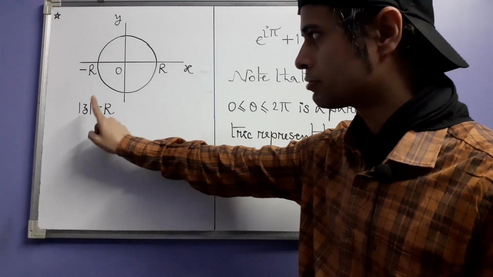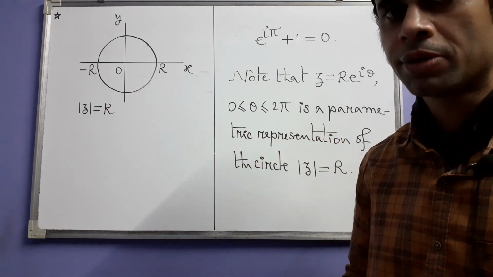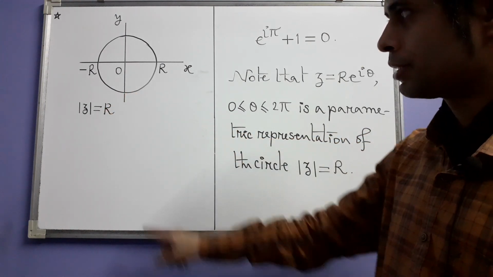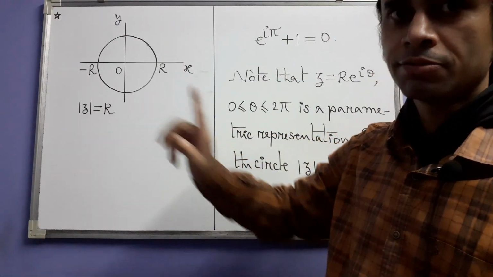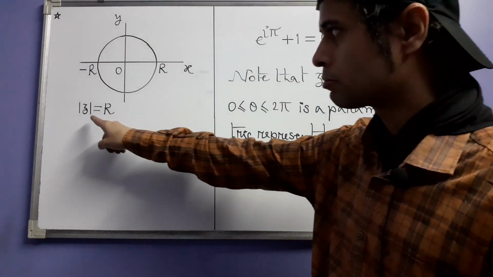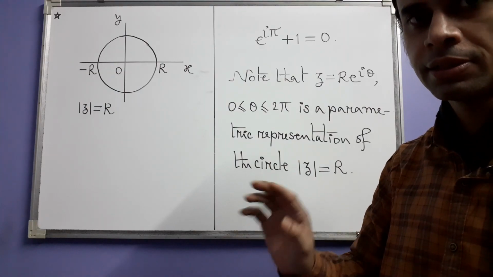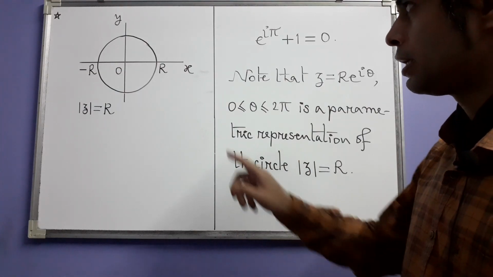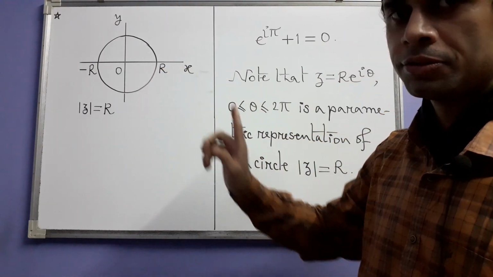Now let's next consider this circle in the complex plane. The absolute value of z is equal to r, where z is considered to be a complex variable. There are infinitely many possible complex numbers z for which this will be true. These are all complex numbers whose absolute values are equal to r. r is some positive real number, and all of them lie at the distance r from the origin.